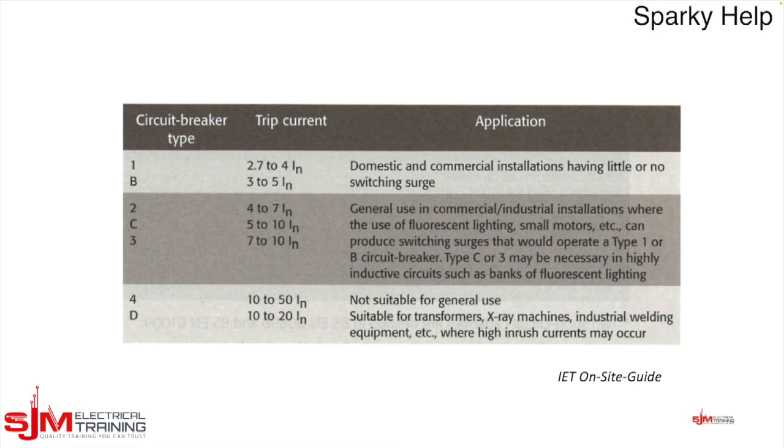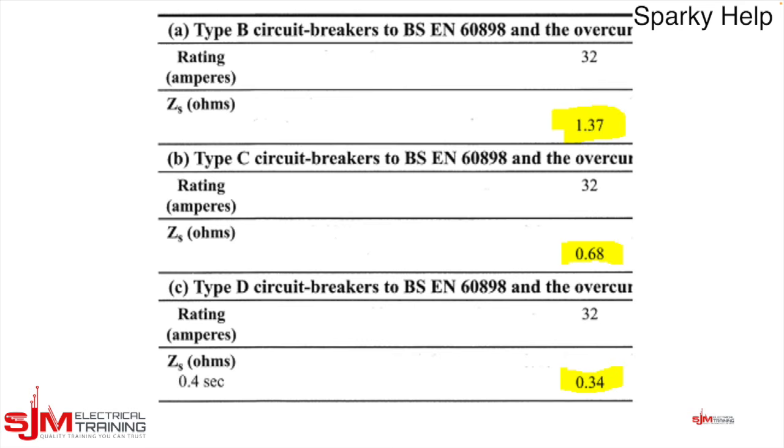They know it best. As I said earlier, what people have said over the years, I have nuisance tripping in my property. Every time I turn something on, the circuit breaker goes, and they go, I've resolved it, I've put a Type C in, or in extreme cases, I've put a Type D in. The problem with that is if you don't know, what you've actually changed is the disconnection time may not meet the requirements.